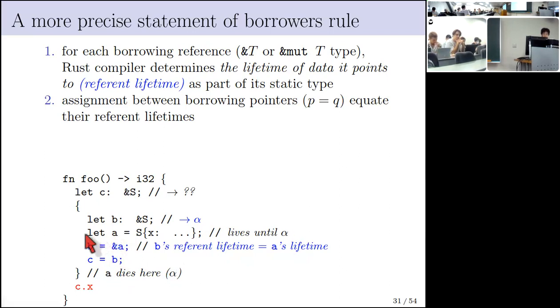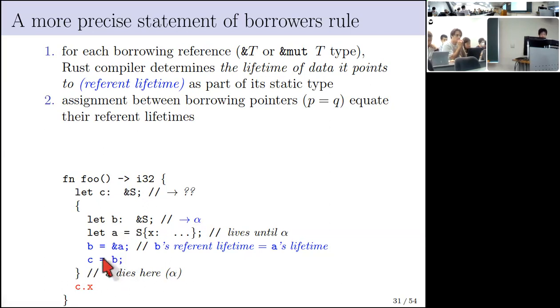When A goes out of scope, the life of the data it points to will be over, right? So A's lifetime ends here. Let's call it alpha, a hypothetical point in time when this data structure is gone. By looking at B = &A, the compiler figures out that the reference lifetime of B is alpha.